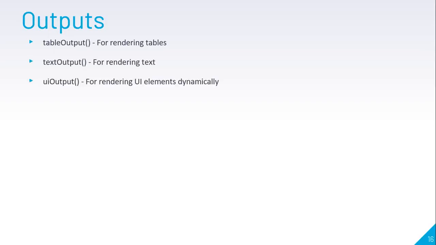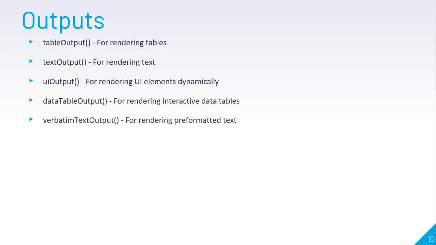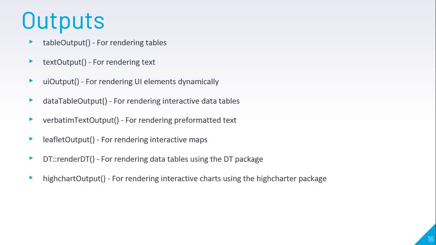If you just want to output a UI element, there is uiOutput, and for a data table, verbatim text output. There is a difference between text output and verbatim text output: one is for formatted text, and the other is for rendering plain text. Maybe leaflet, there is render.dt, and highchart output if you use the highcharter package for plotting.